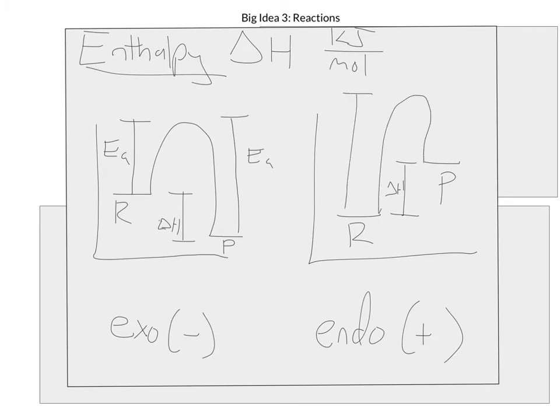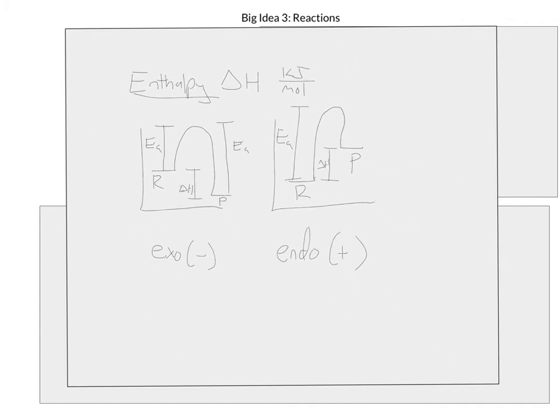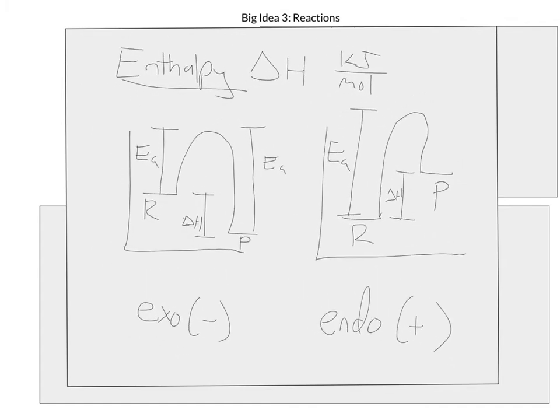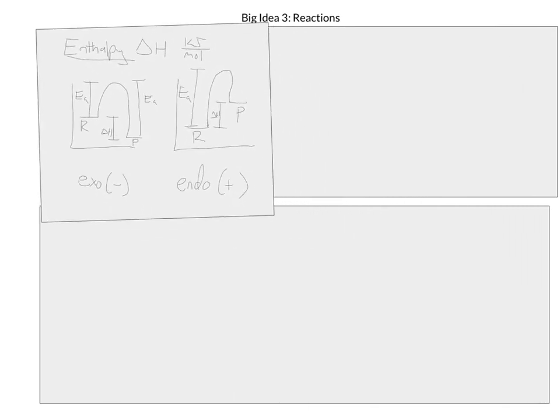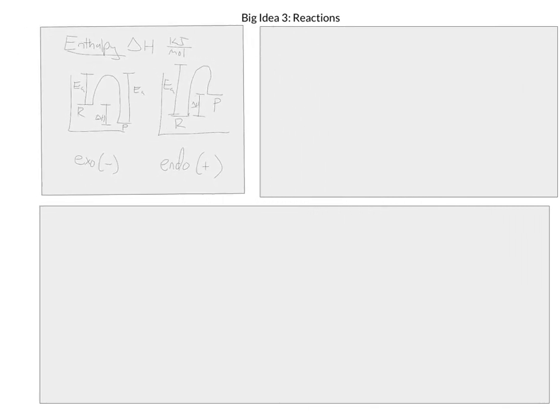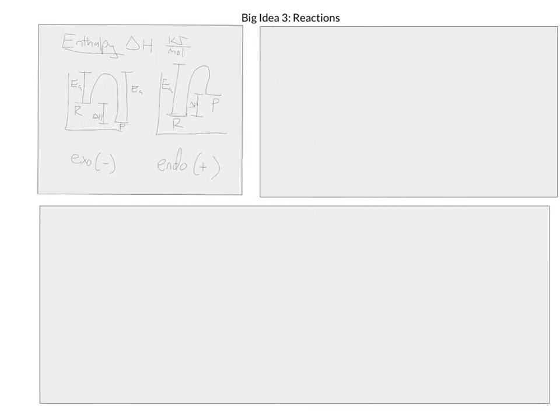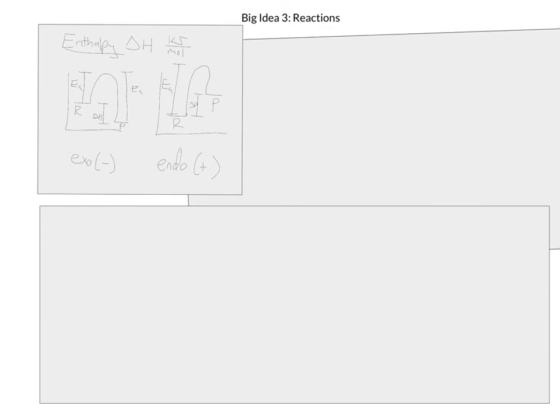And we can still have a reverse activation energy. So this is just energy going in or energy coming out. And that's all that we're going to touch on for energy right now. It goes with reactions. We can do stoichiometry with it, but we'll do that later when we get to thermodynamics.